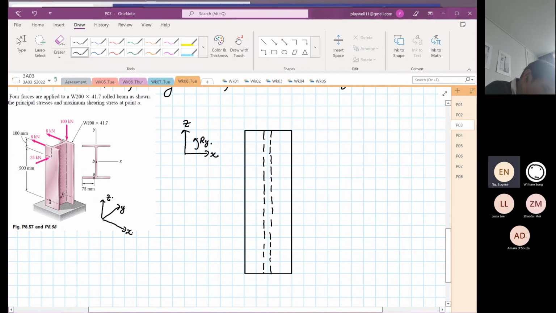Then we have our element A, and then we have our element B. Now you know what we're looking at. Then again, sketch out the position of the neutral axis.